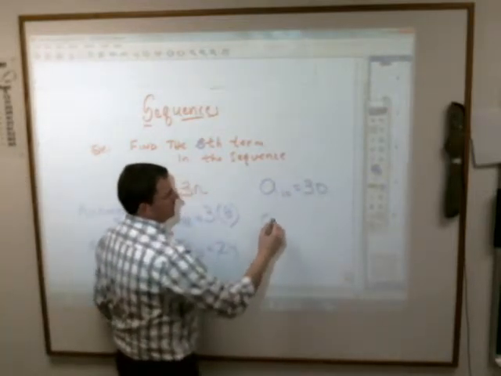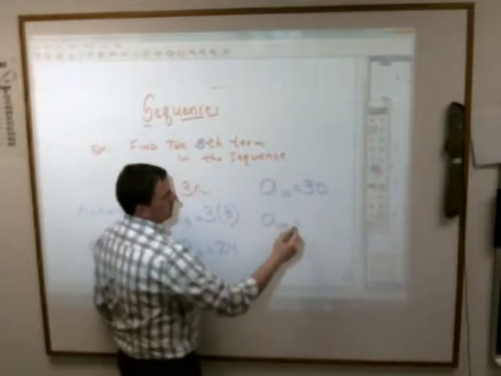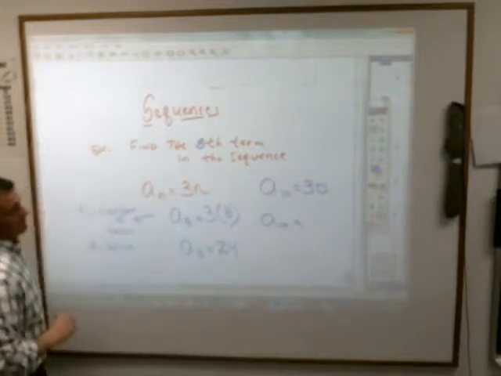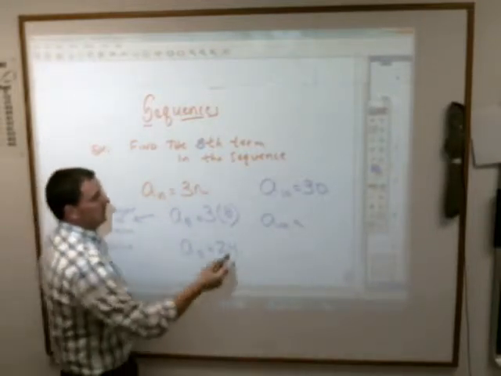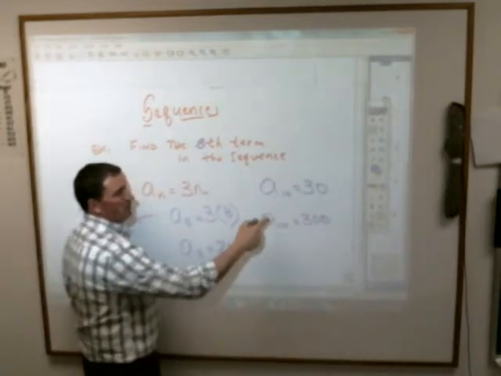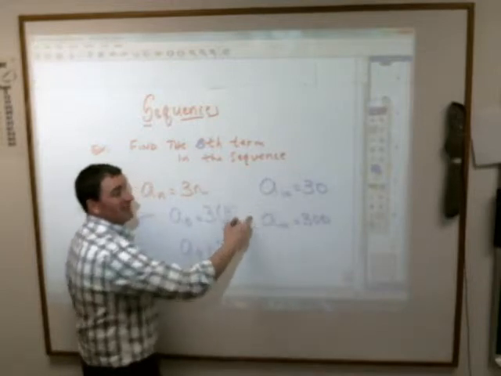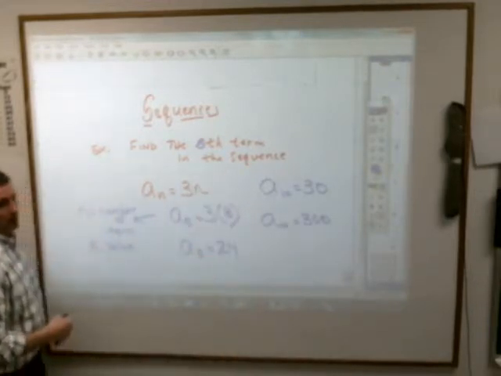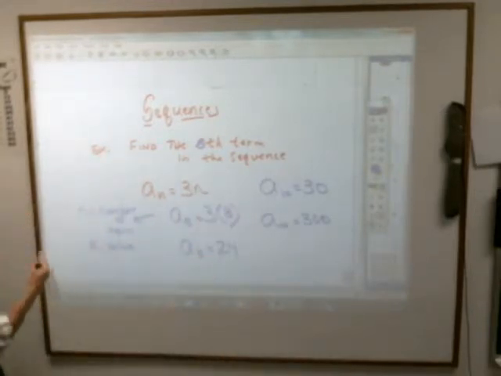If I asked you for the 100th term of that sequence, it's going to be 300. So don't think this is a superscript, it's not a power, it's not an exponent, it is just a way to label and to keep organized and straight what number term you are talking about.